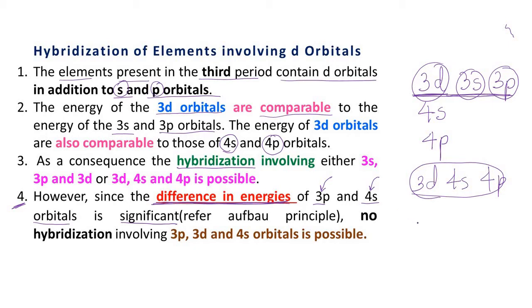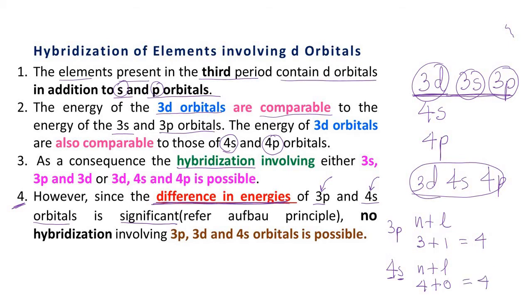And if you see the n plus l value, for 3p, n is equal to 3 and for a p orbital the l value is 1, so 3 plus 1 is 4. And if I take a 4s orbital, n is 4 and the value of l is 0, so 4 plus 0 is equal to 4.